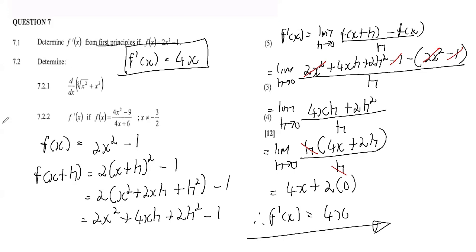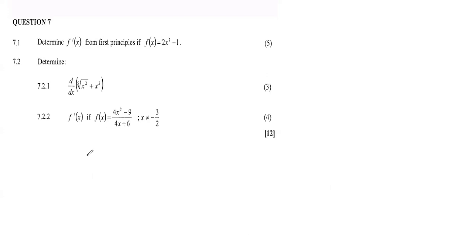Easy peasy, lemon squeezy. Okay, so we have 7.2.1, determine d/dx of that. Now you have to be careful with this notation here. If you are given that, the first thing you have to do is prepare your expression for derivation. Looking at this, we can see that it is in surd form.